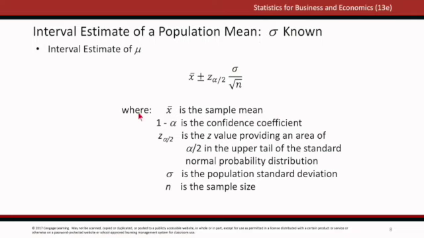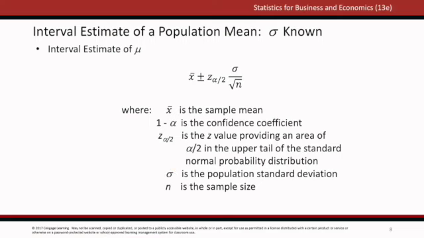Now, the description of this formula is: x bar is the sample mean that we know already. 1 minus alpha is what we call the confidence coefficient. C alpha over 2 is the C value or the C score, providing an area of alpha over 2 on the upper tail of the standard normal distribution.